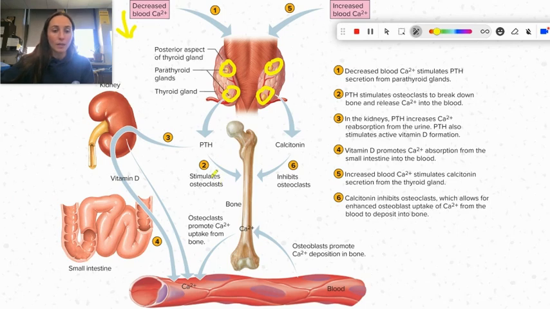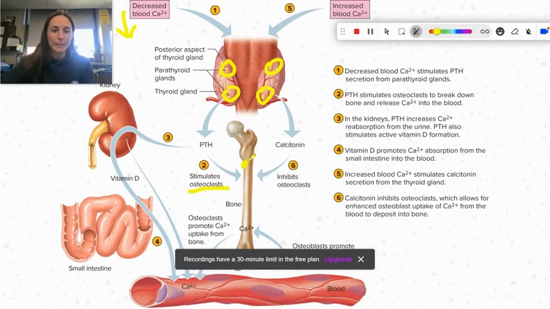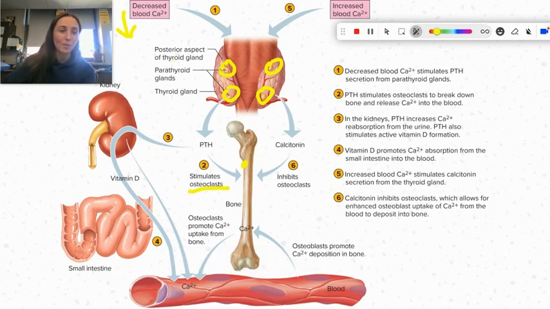Get those osteoclasts to crush up some of this bone and release that calcium back into the bloodstream. The other thing this hormone does is it tells the kidney to reabsorb some of the calcium from the urine. So don't get rid of that calcium in urine. Take that calcium back up into the blood.